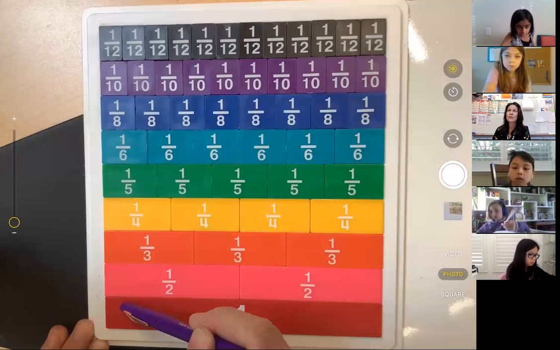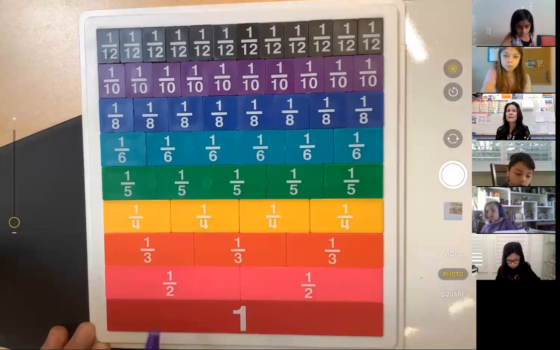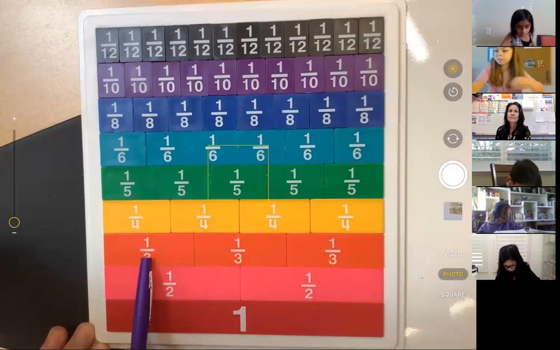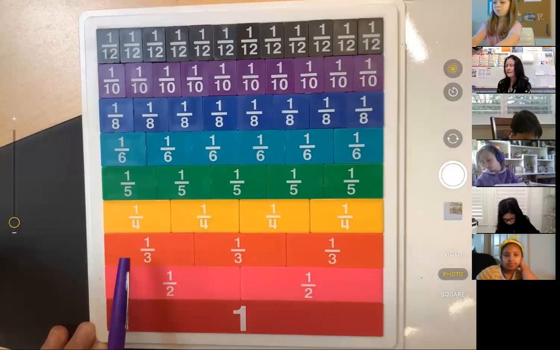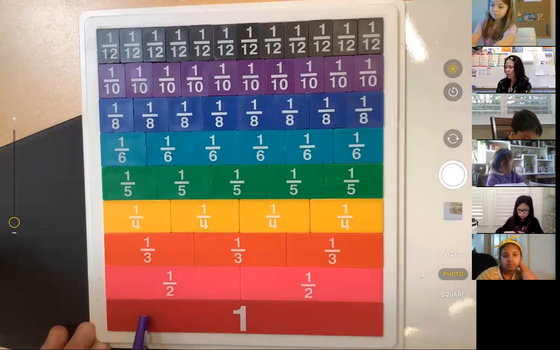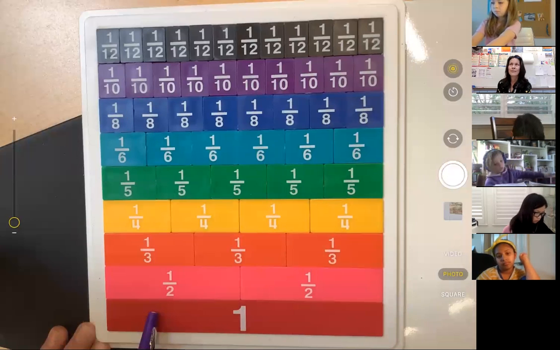What we are going to look at as we proceed through this unit are parts of the whole. 1/3 of this, 1/4 of this, 1/8 of this, for example.